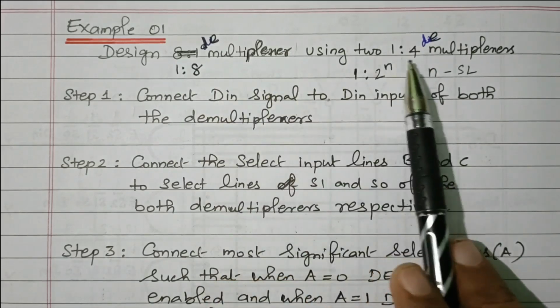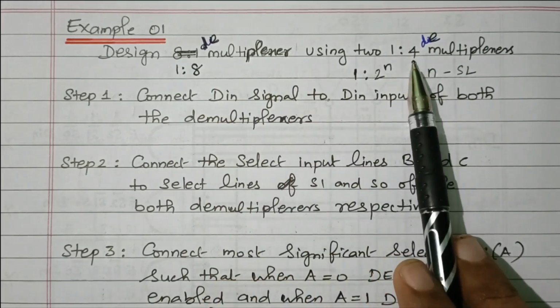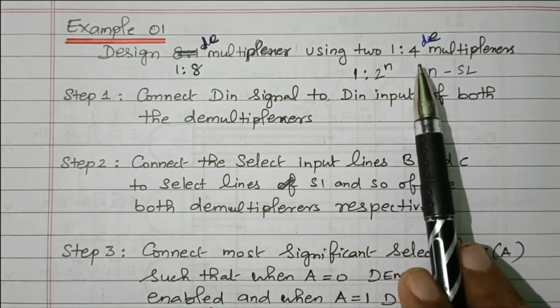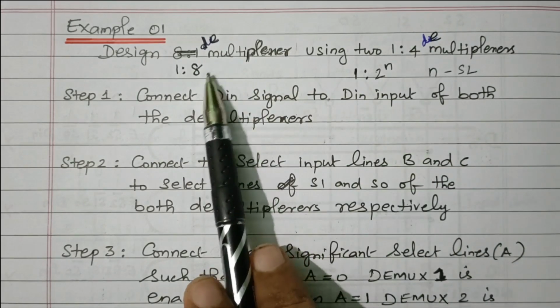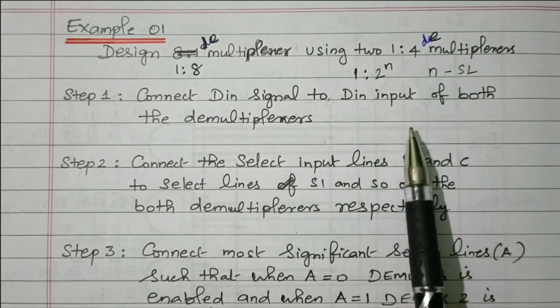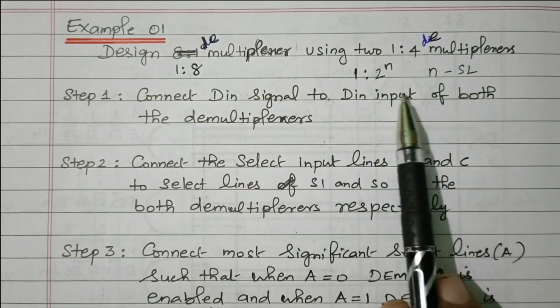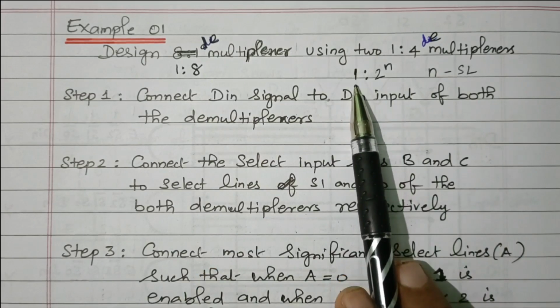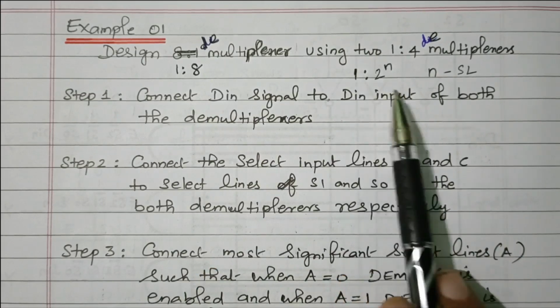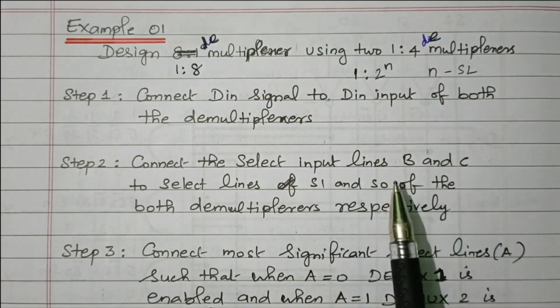Similarly here, one input, 2 to the power 2 is 4 outputs and 2 selection lines, right? So we have 3 selection lines here, and 2 selection lines here. The selection lines decide the output, with one input going to one of the n outputs, right?